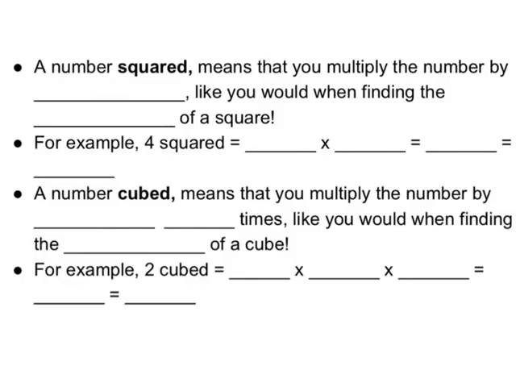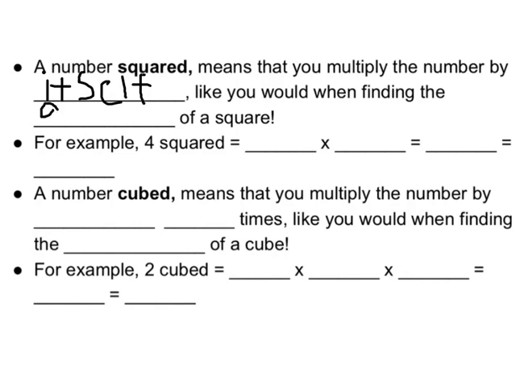First, let's go through our guided notes, which are the same as last week. A number squared means you multiply the number by itself. So put itself in that first blank. Like you would when finding the what of a square. What do you do when you're multiplying a number by itself? What's that the same as?